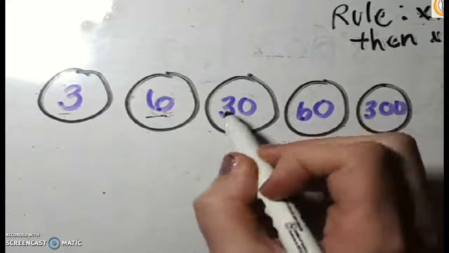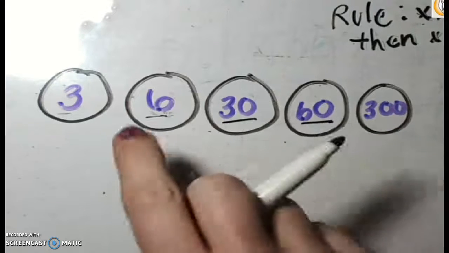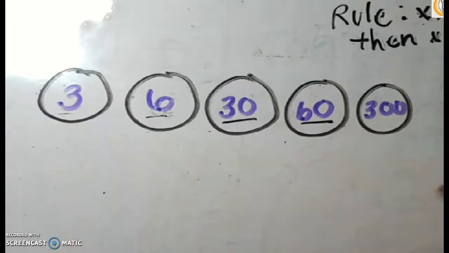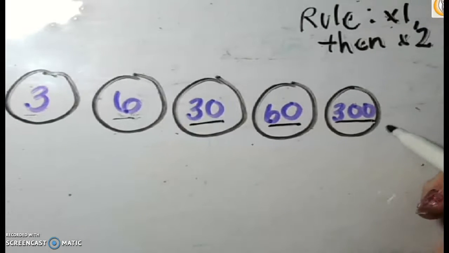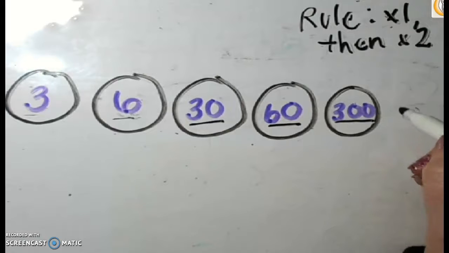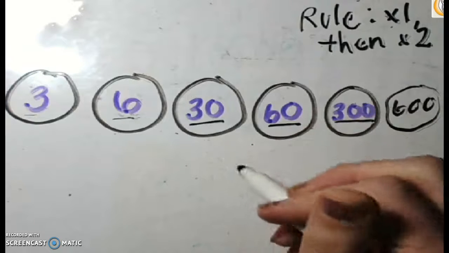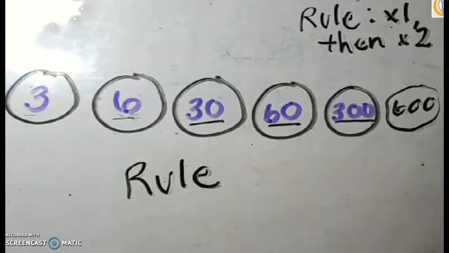And then we have a number in the tens place, and it is the same digit from the first 2 terms. And then we have a number in the hundreds place. So I'm thinking, just by looking at this really quickly, that my answer is going to be 600. But now I have to figure out how am I going to explain this? What is the rule going to be?